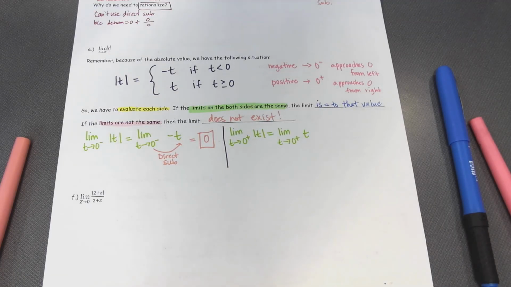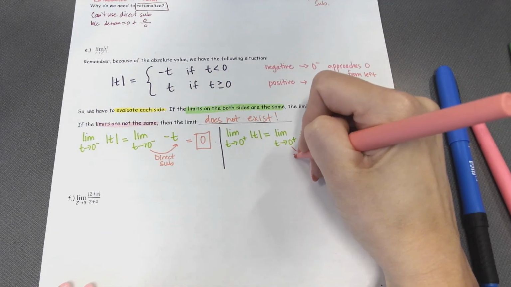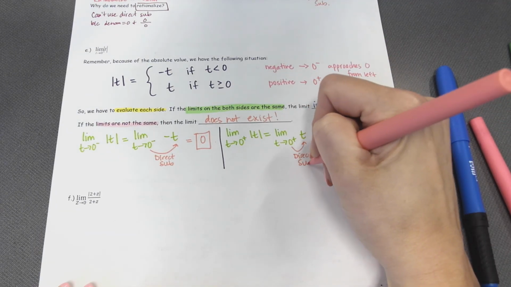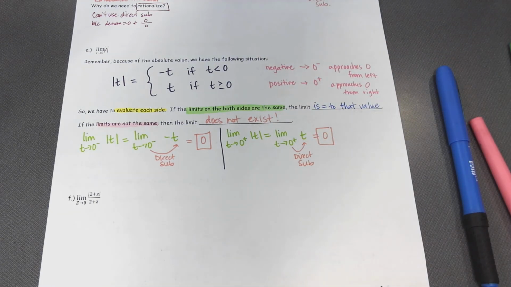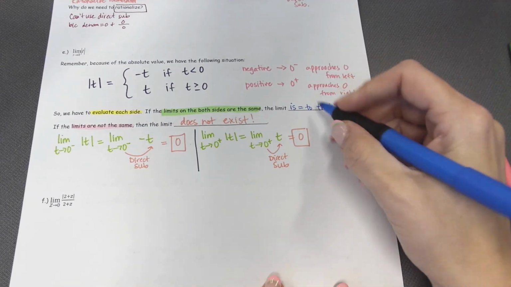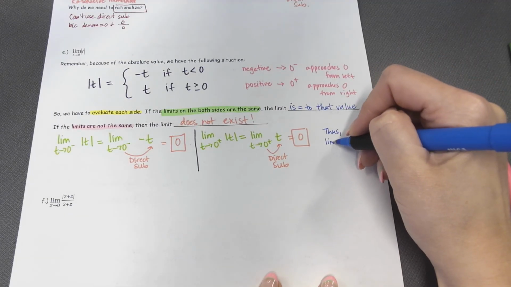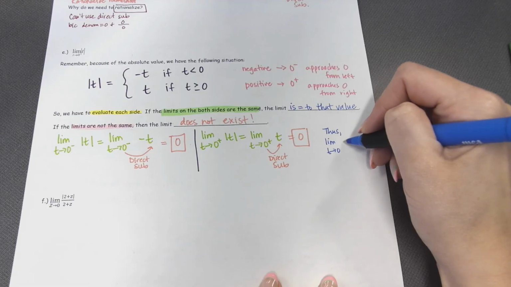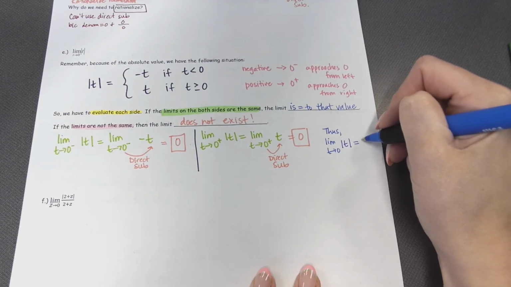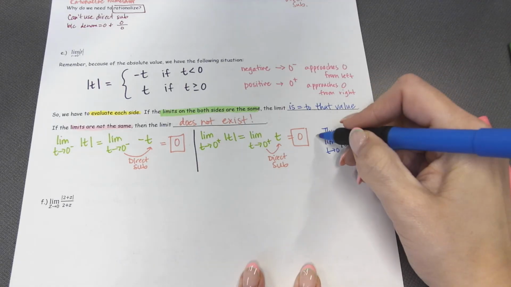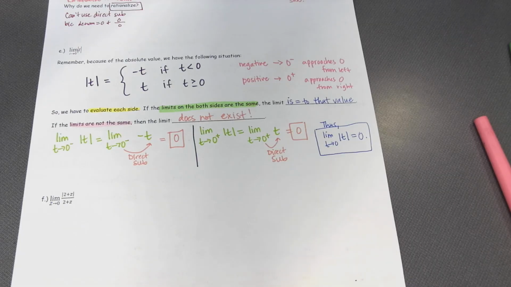Again, you can do your direct substitution and get 0. So if it's 0 on both sides, then we say the limit as t goes to 0 of the absolute value equals 0. Okay, so that is your final answer.